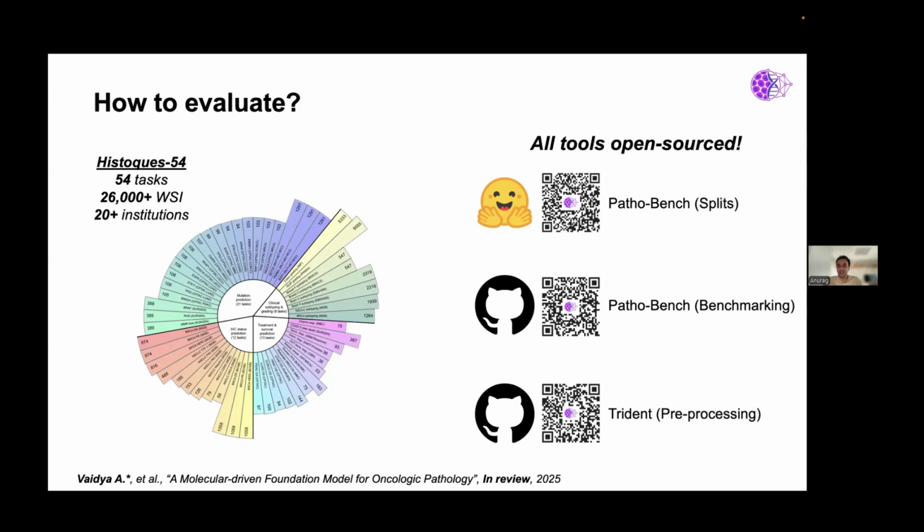So please feel free to check it out and give us feedback. And then finally, we also introduced Trident, which is an image pre-processing pipeline, which is really supposed to be the CLAM 2.0 repository. So we open source all of these tools. Feel free to check them out and give us any feedback that you may have for us.